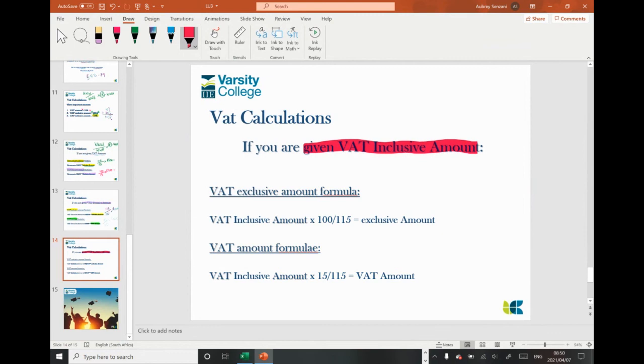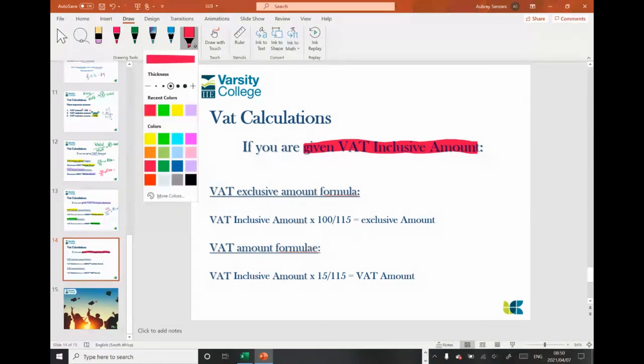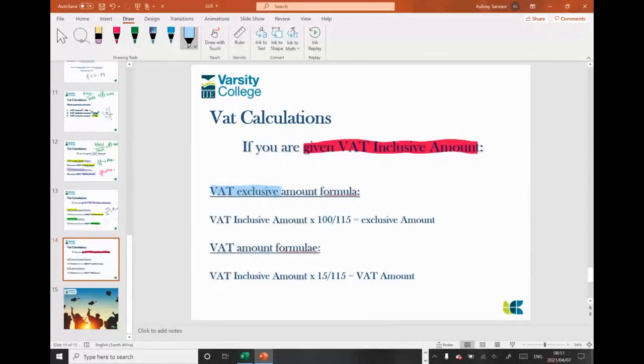So with this last slide, we're now saying if you're given the VAT inclusive amount, and you want to calculate your VAT exclusive, what do we do? Again, we're using proportion. We simply say, what do we want?